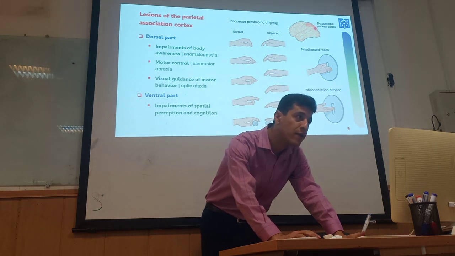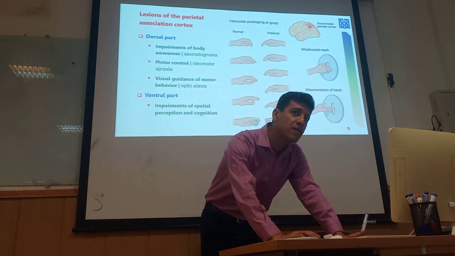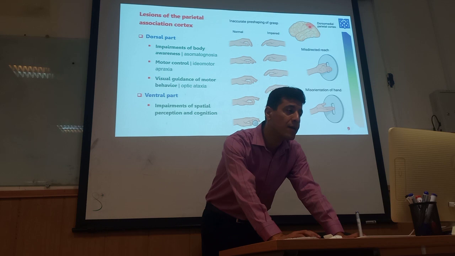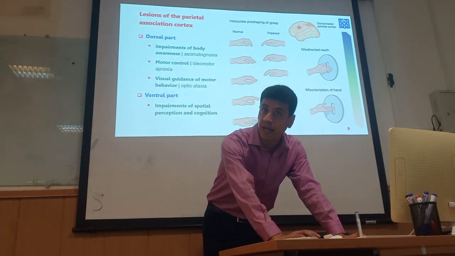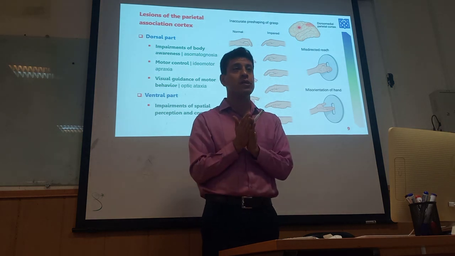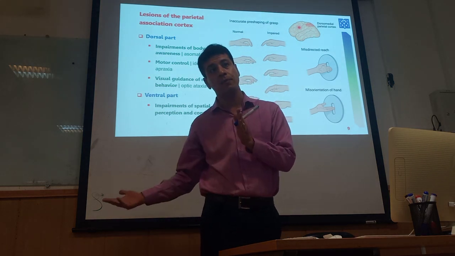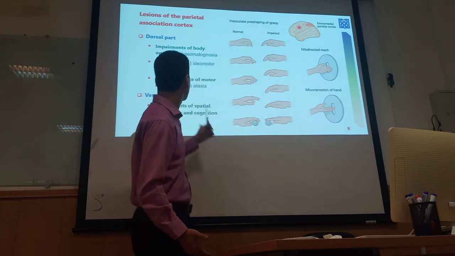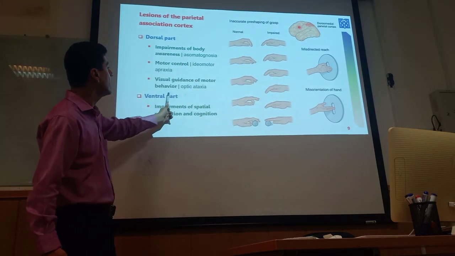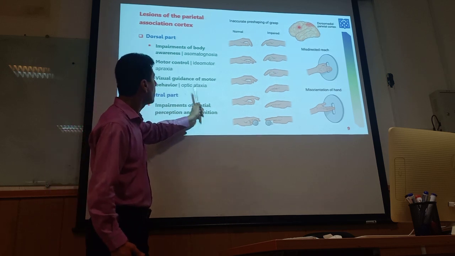And now it has damage. So processing doesn't occur, and there is no connection with the motor system. So that's why the motor control system cannot use the sensory information for guiding the behavior. Okay? So visual guidance of motor behavior is lost. We call this optic ataxia.